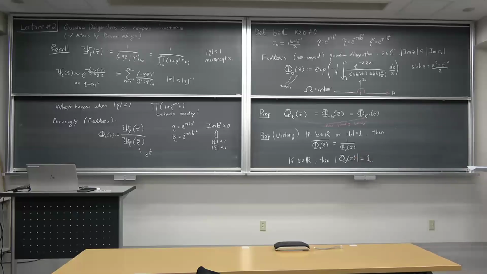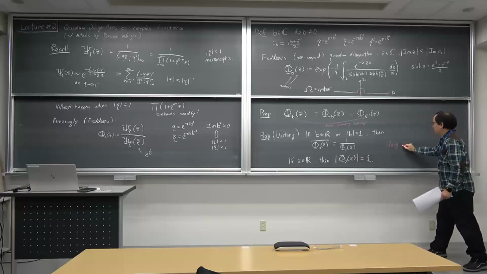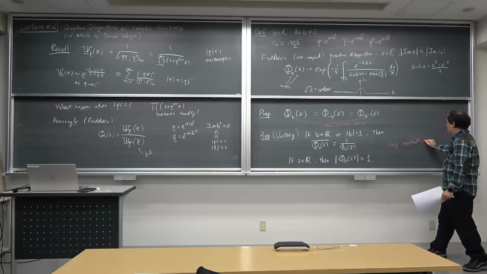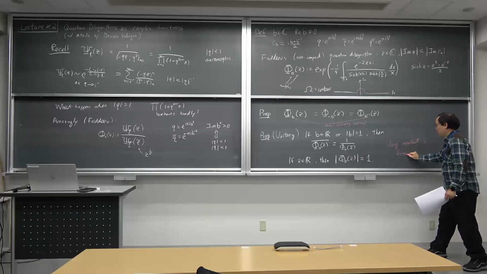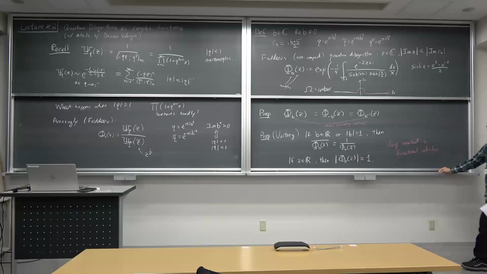So this is one of the very important properties that will be very useful next talk. But I'll first state it here. Yeah, very important. It's very important in functional calculus.